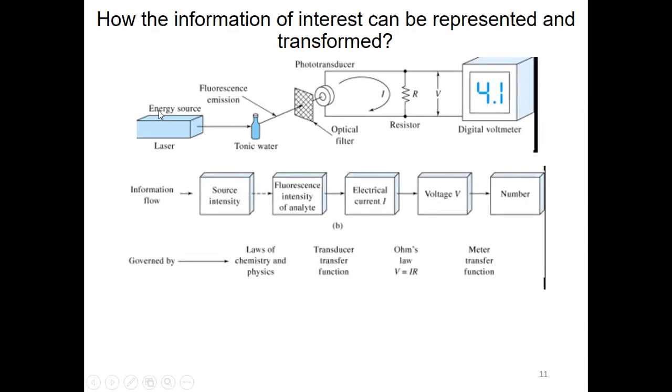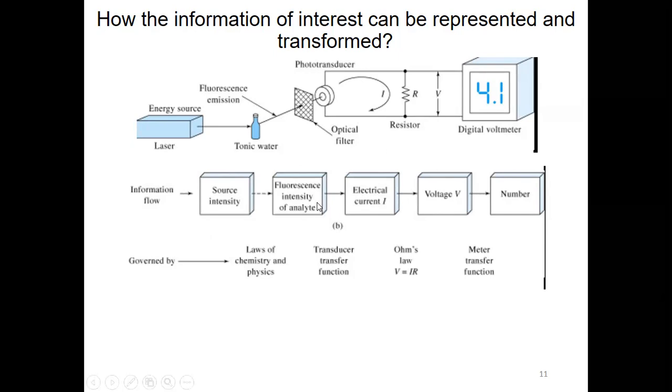Source intensity, that is the laser. Then fluorescence intensity of analyte. Here, the analyte has a certain fluorescence intensity. It converts into electrical current, I. So the source intensity to fluorescence intensity, all these things are governed by the laws of chemistry and physics.